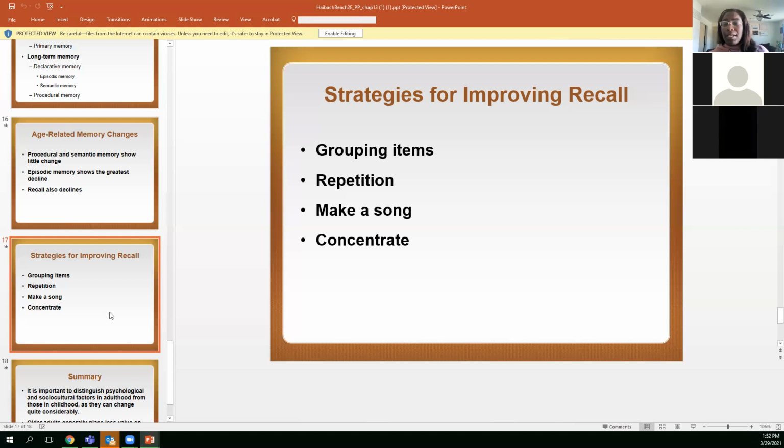Oftentimes, personal trainers or different fitness enthusiasts like to create diagrams and different pictures that help give you a form of grouping terms. One of the things that I constantly remember about a deadlift is that as you are going downward in your deadlift, as you go down, your backside goes back.